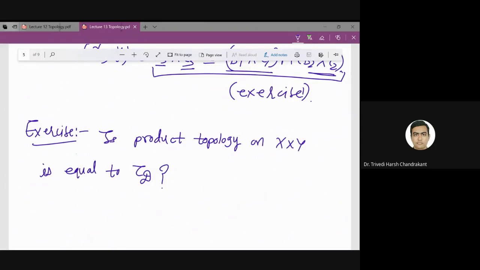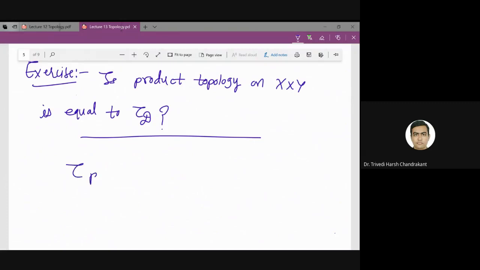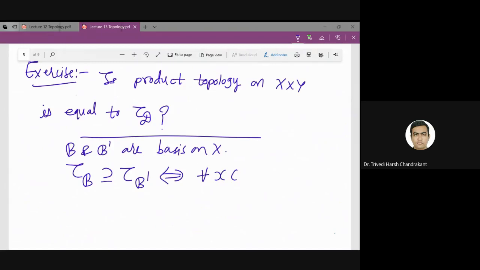If you remember, we have discussed one result: if B and B dash are bases on X, then tau B contains tau B dash if and only if for every x in X and B in B there exists B dash in B dash, so that x is in B dash contained in B. So you can use this result here.